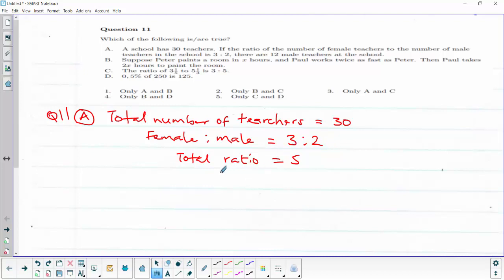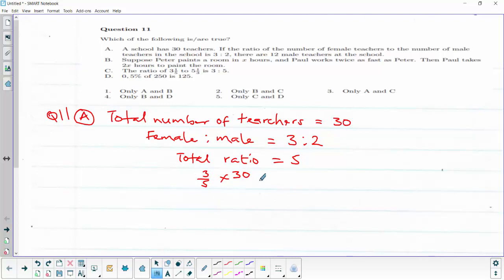So we need to consider the number of female and the number of male. The number of female is going to be 3/5 multiplied by 30, which is the total number of teachers.